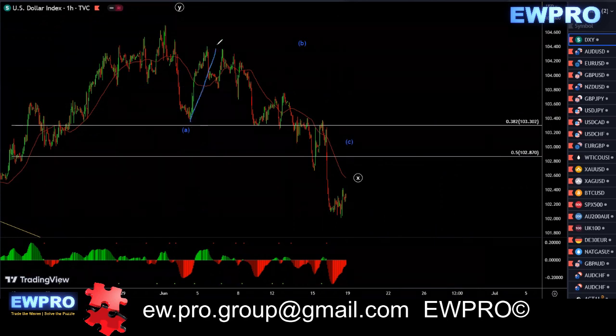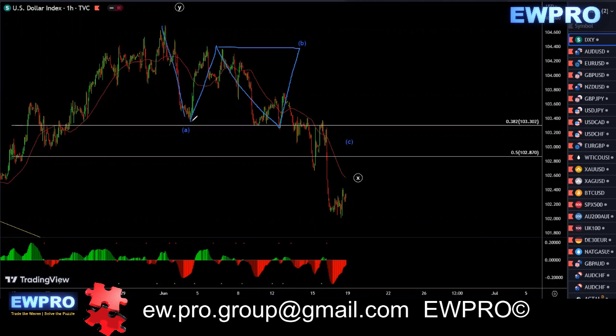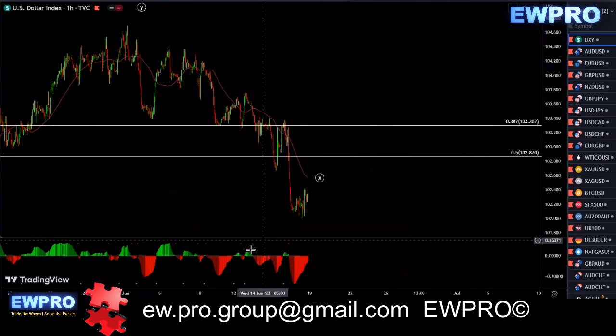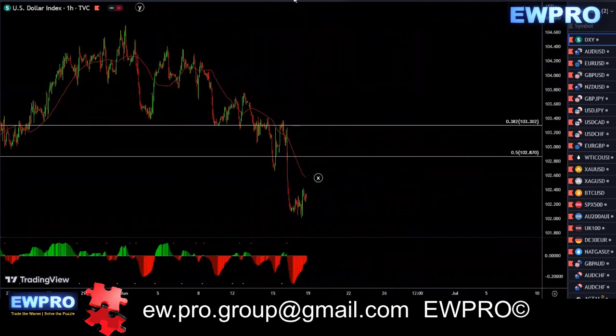Yeah, so I was looking for that A, B, C up in here to finish off the B wave, and then an A, B, C. That didn't play out. We don't have any bullish divergence, so you could look for a bear hidden in here on the lower time frames against this top here, and then look for one down.